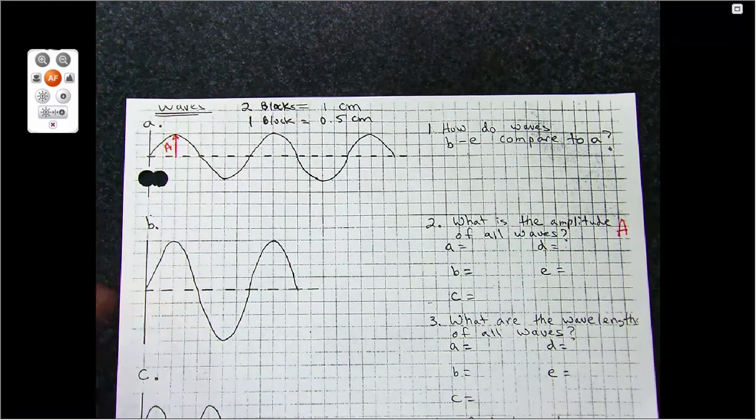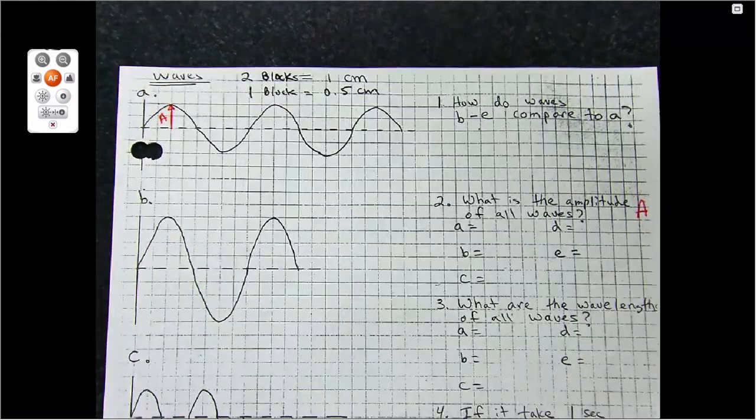Now, amplitude. If you want to have more amplitude on your stereo system, all you got to do is turn up the sound, right? That's all you're doing when you do that. So when we get all done, we'll talk about sound.